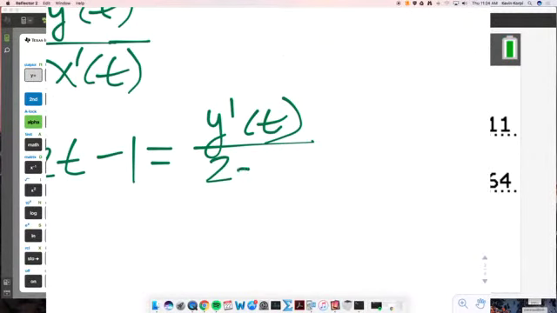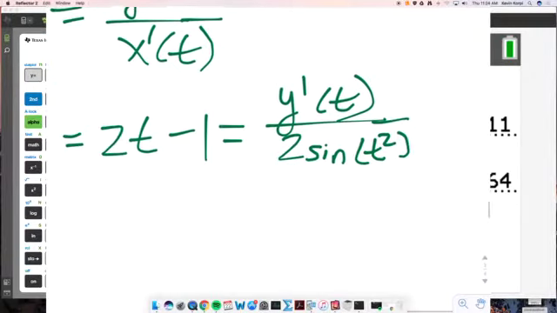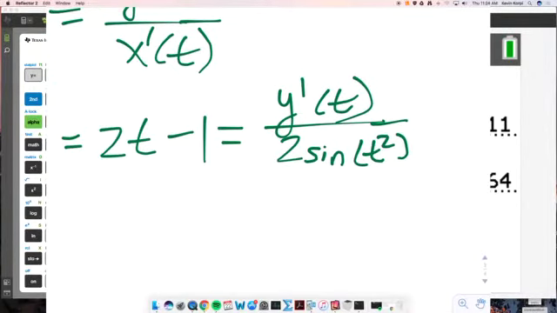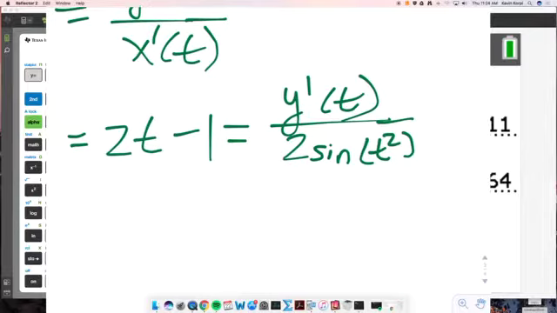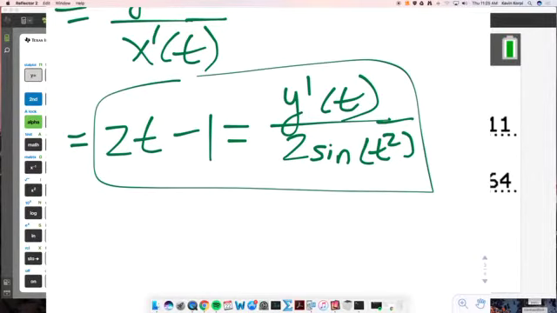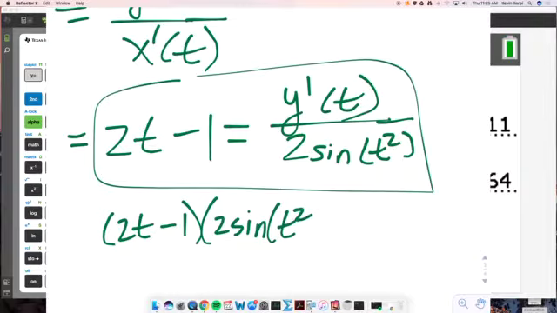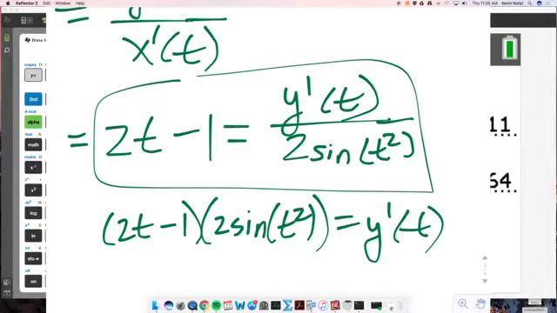Sweet. Can I now solve for y prime? If I look at this equation, I certainly can. I multiply both sides by 2 sine of t squared, and I get 2t minus 1 times 2 sine of the quantity t squared, and that equals y prime of t.